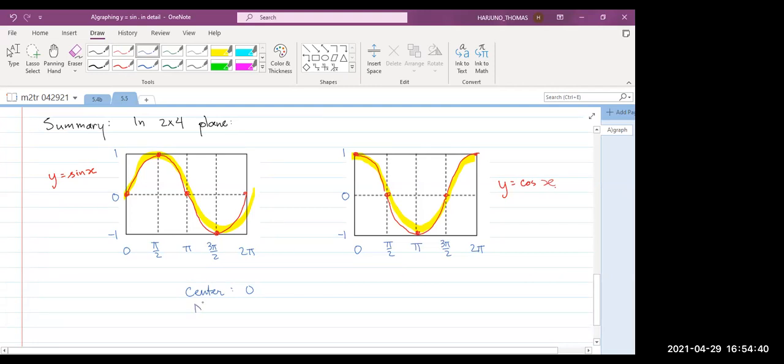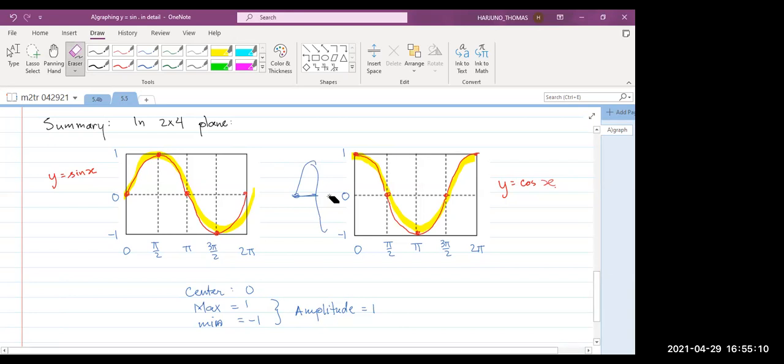Okay, the maximum is 1. The minimum is -1. Now, because it goes up 1, down 1 from the center, we say the amplitude is 1, which means from the center 0, you go up at most 1, you go down at most 1.